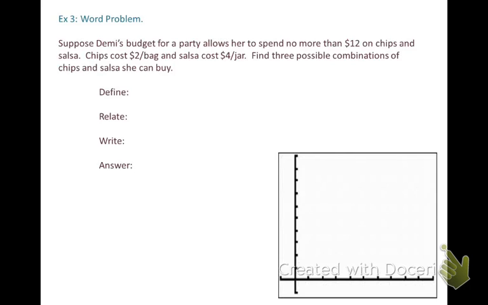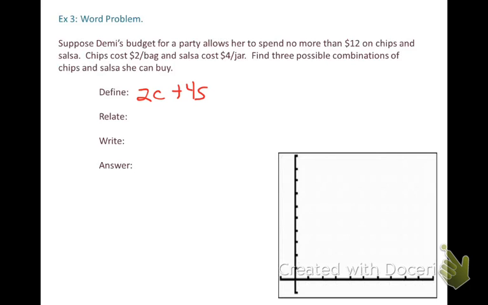Okay, suppose Demi's budget for a party allows her to spend no more than $12 on chips and salsa. The chips cost $2 per chip plus $4 per salsa.